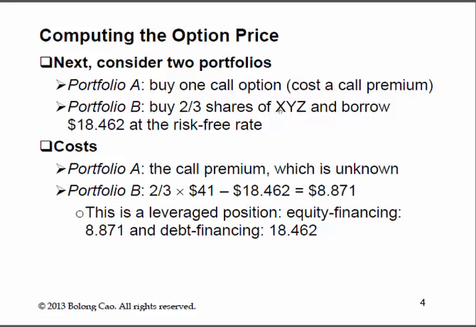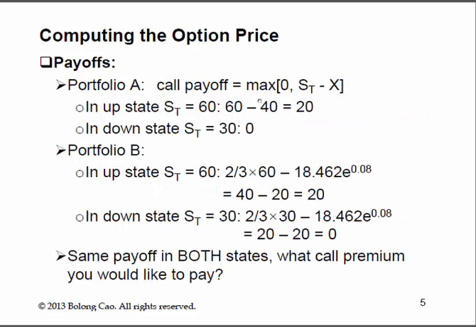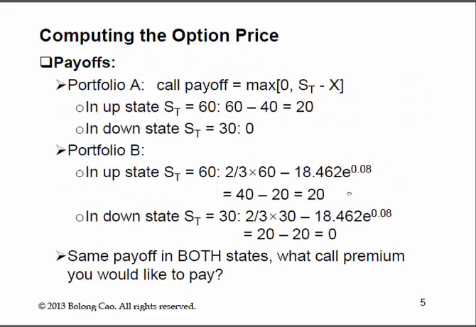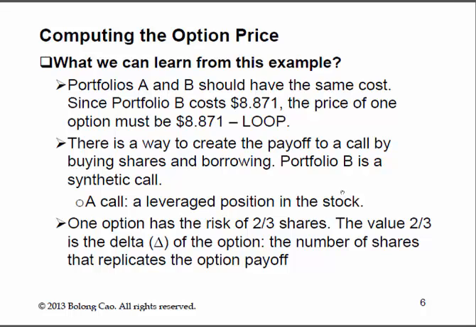And then, in either upstate or downstate, these two financial assets, one is just a call option, the other is a portfolio, these two assets have the same payoff. So we can conclude the call premium should be $8.87. And that's the result of the law of one price.